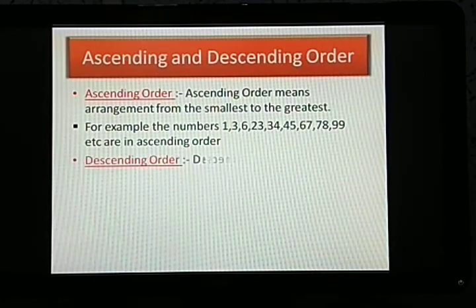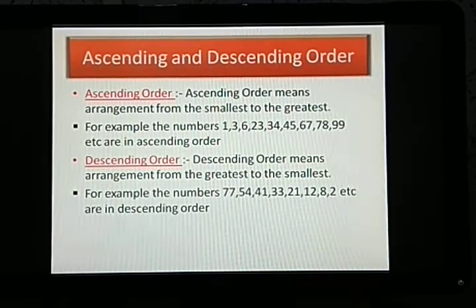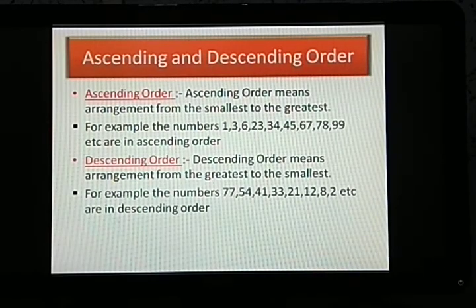Here the numbers will be from the greatest or the largest to the smallest number. Let us see one example. So you can see here 77 is the largest number, then gradually it decreases to the smallest number, and the smallest number here is 2. So this is the ascending and the descending order.